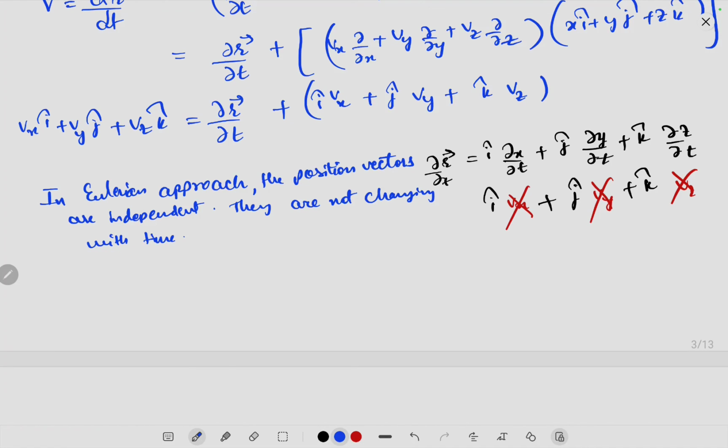So in Eulerian approach, if you remember, we fix a point and we see with time how the quantity changes across this point, right? So that's why in Eulerian approach, del x by del t, del y by del t, del z by del t, they are 0. And that's why we'll get Vx equal to Vx, Vy equal to Vy and Vz equal to Vz.